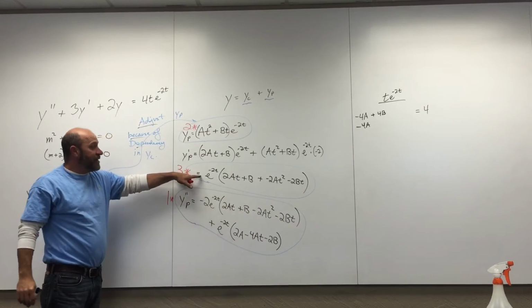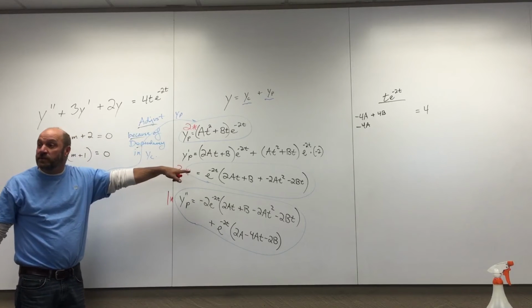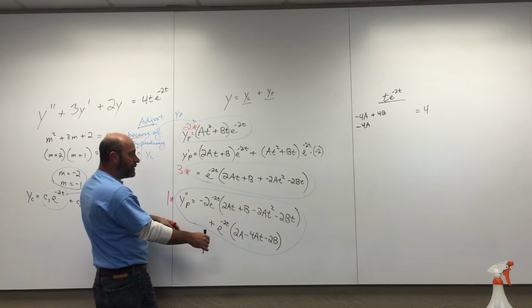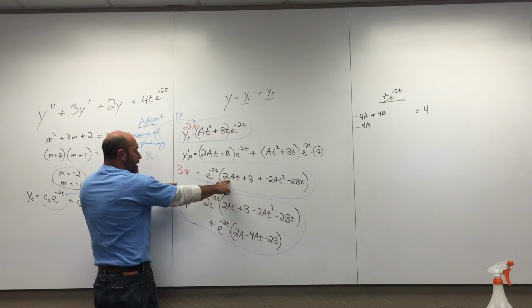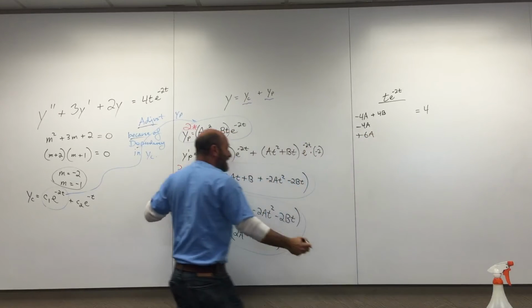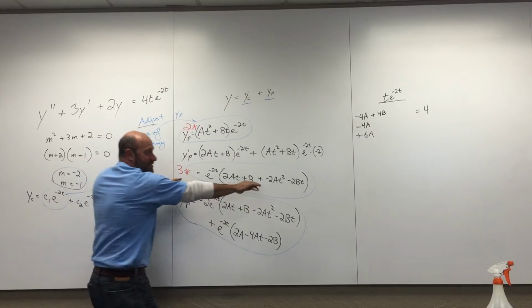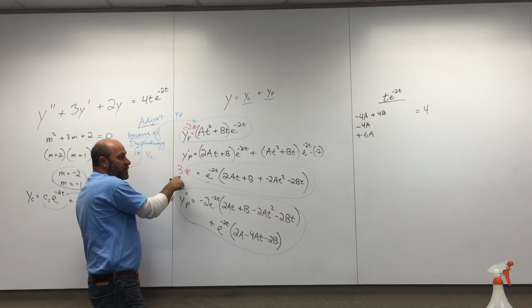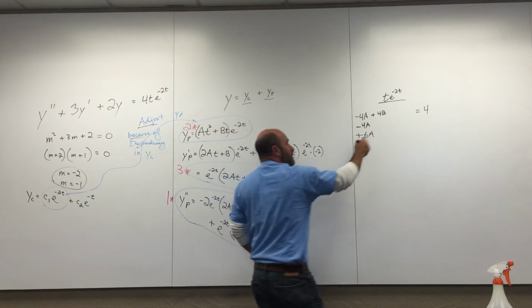All right, plus 3 of these. You see any t e to the negative 2t's in here? Yes. There's 2a times 3, so 6a. So now I got 6a, and there's negative 2b, right, you guys? Well, times 3 would be negative 6b.